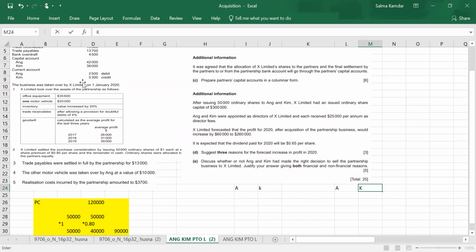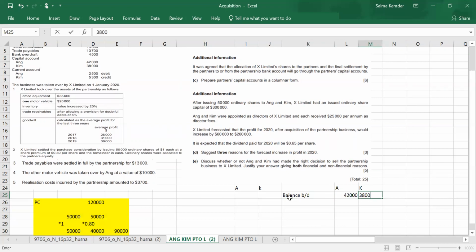The capital account balance of Ang is 42,000.